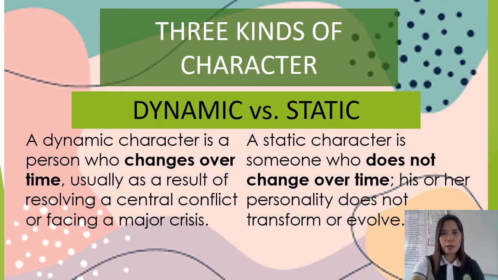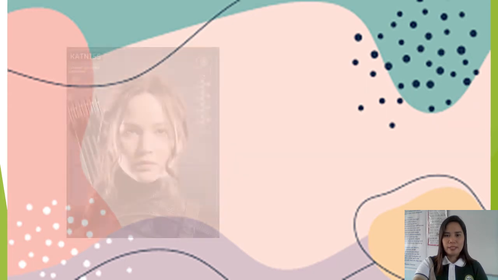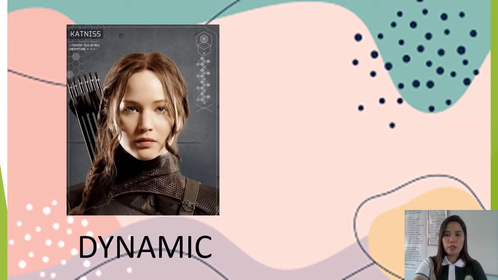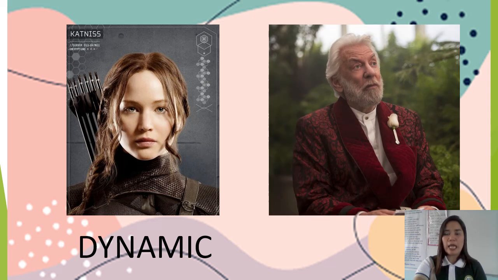Let's have some examples. Are you familiar with Katniss and President Snow? They are the characters in The Hunger Games. Katniss is considered a dynamic character and President Snow is considered a static character. Let's find out why.